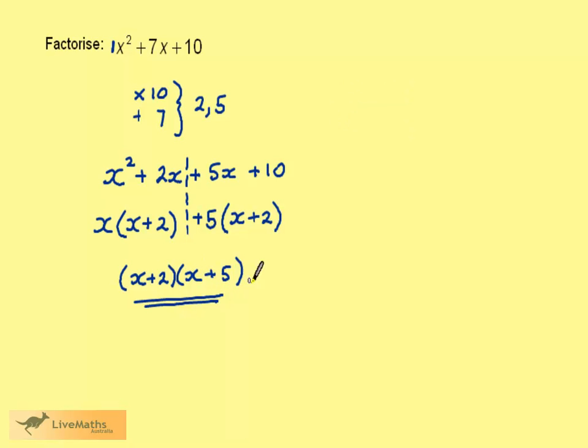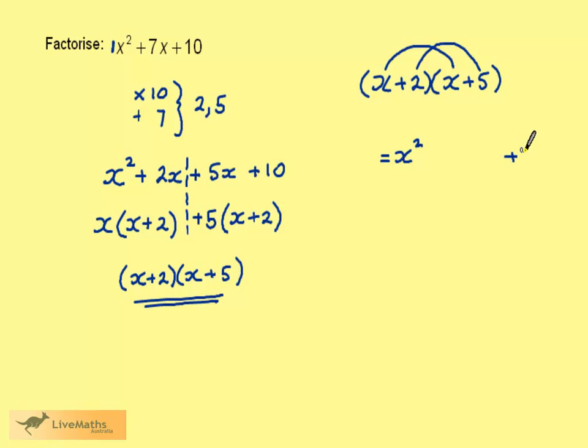Let's examine this to see why this method works. We have x plus 2, x plus 5, and we're going to re-expand it. We have x squared plus 10 plus 2x plus 5x.